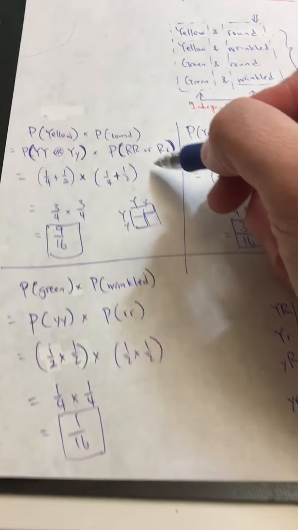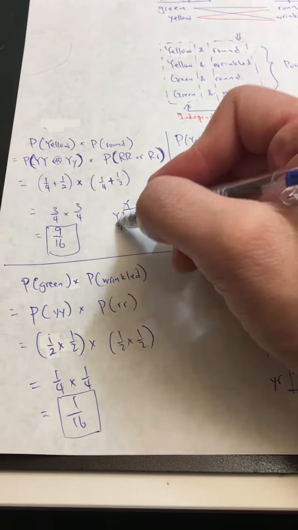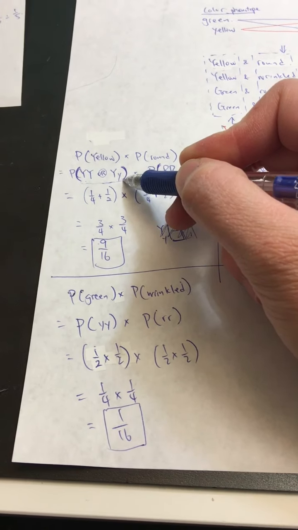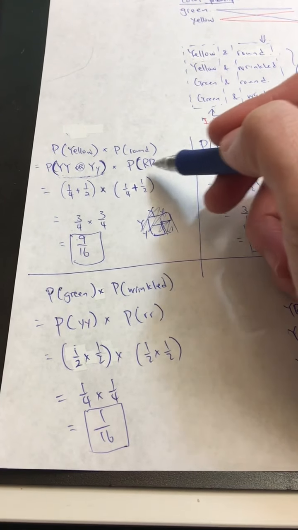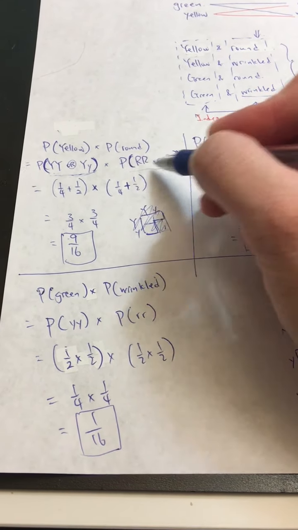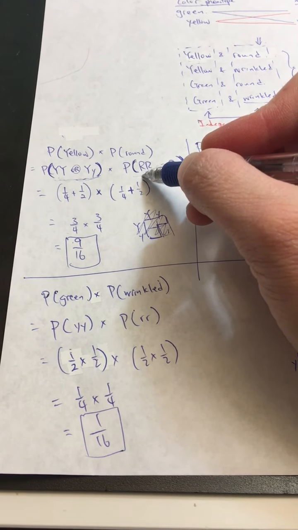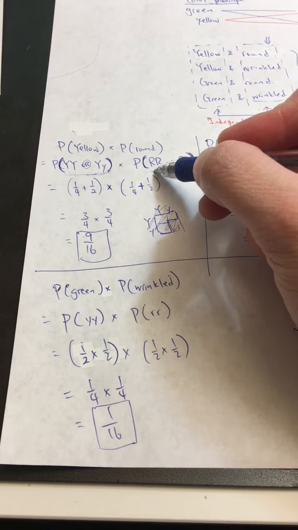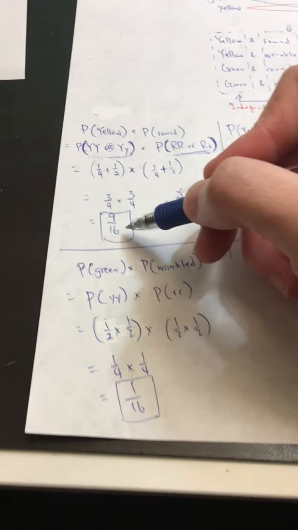And it's the same here with round. But after you've done enough practice, you don't even need to draw this out. You can just look at this and you realize that that's 3/4. And the same with the shape gene. For the offspring to be round, it needs at least one big R, so that's 3/4. 3/4 times 3/4, that's 9/16.